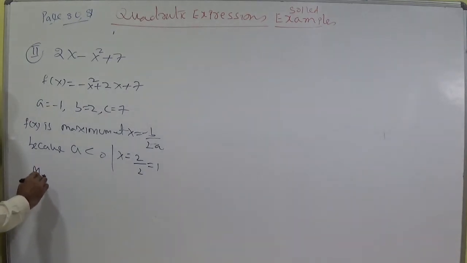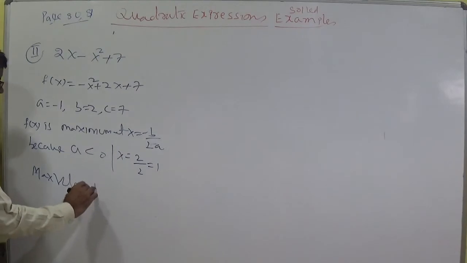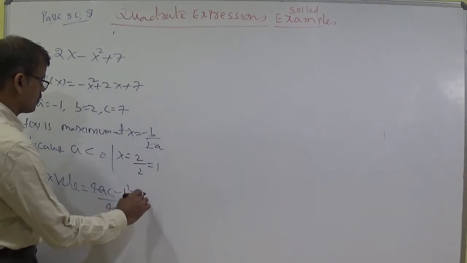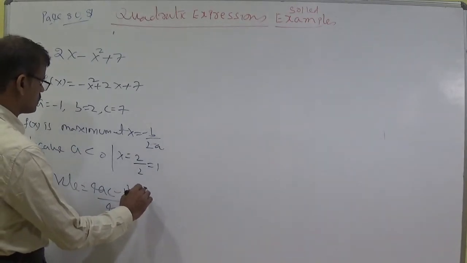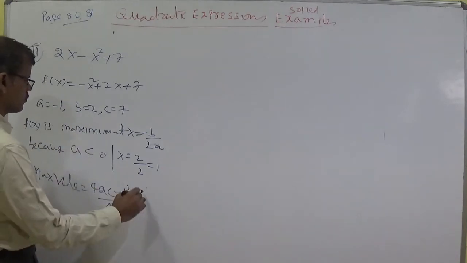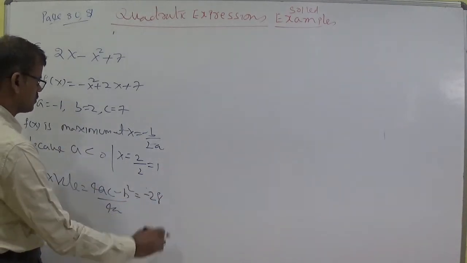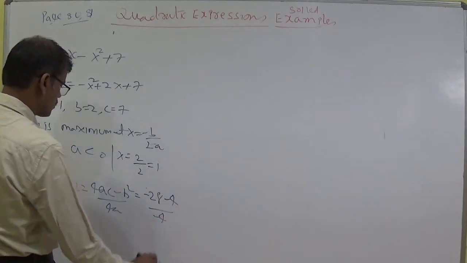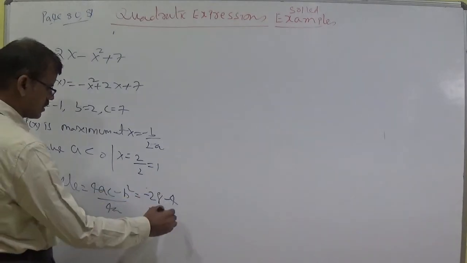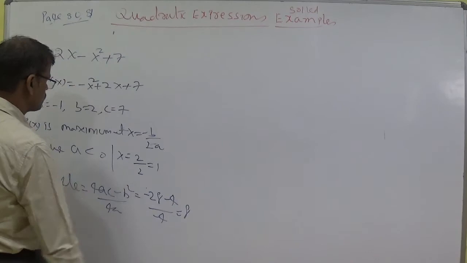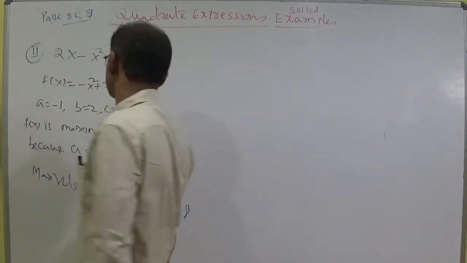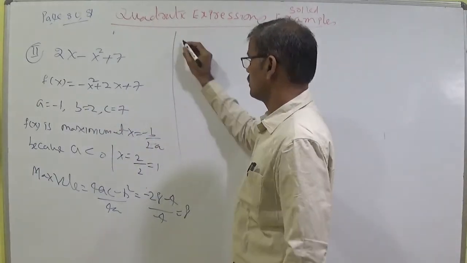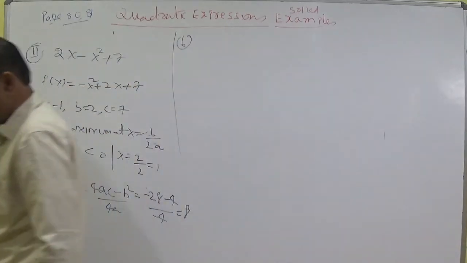Max value by the formula (4ac minus b square) by 4a: 4 into a, that is minus 1, into 7 is minus 28, minus b square, minus 4, so minus 32 by 4a, that is minus 4, gives 8. Otherwise, if you substitute 1 here, it becomes very easy: minus 1 plus 2, 1, plus 7, 8. That is the easy method.